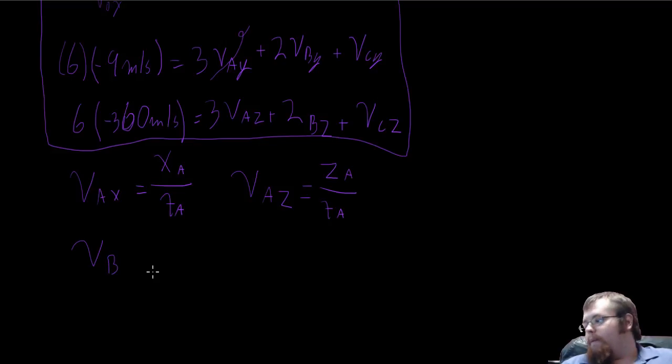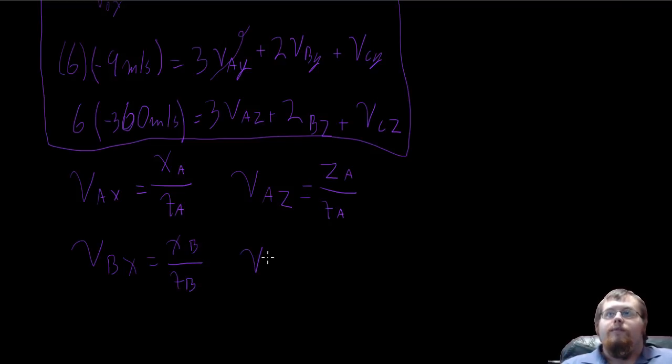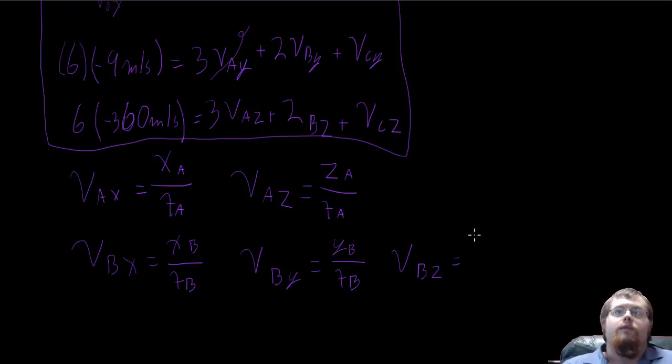So next we have b, which is going to have a component in each direction. I'm just going to jot this stuff down real quick. And v bz equals zb over t. Okay, go ahead and scroll down a little bit more.